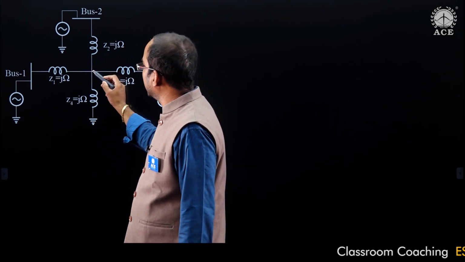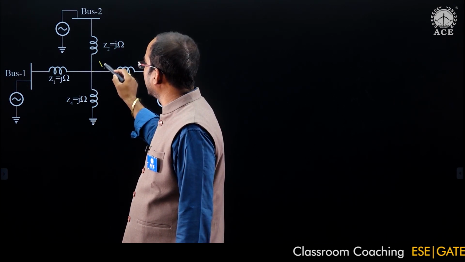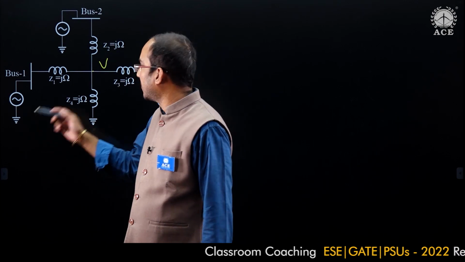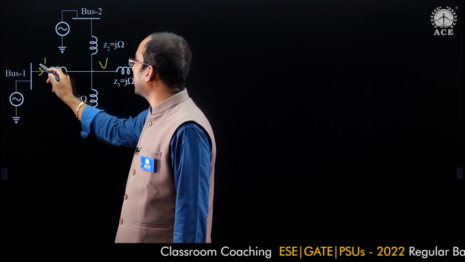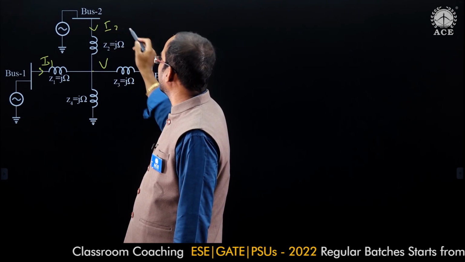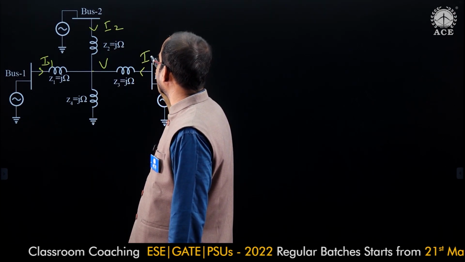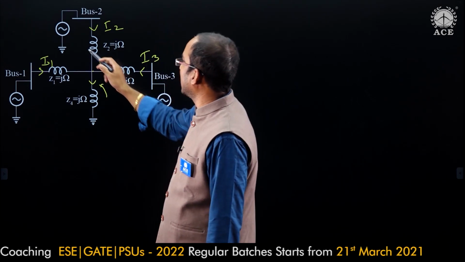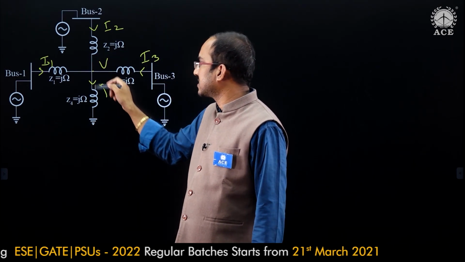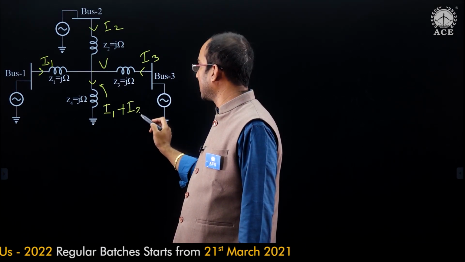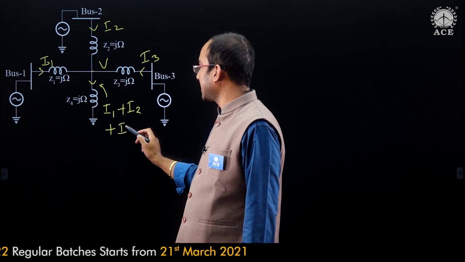Let the node voltage be some V, and the current from bus 1 to mid node be some I1, bus 2 to mid node be some I2, and this current is I3. Here we know I1, I2 and I3 are entering currents, this is the leaving current, so we can write it as I1 plus I2 plus I3.